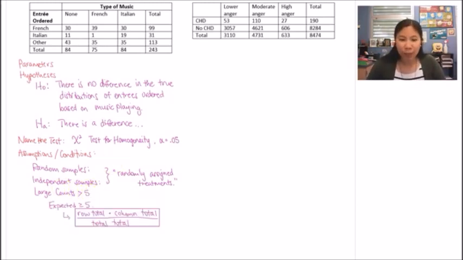To calculate our expected counts, in the last section with our goodness of fit test, all we did was take n times the proportion, so our sample size times the proportion. Because we now have a two-way table, it's a slightly different formula, and actually is very different. So we're taking our row total times the column total divided by the total to calculate our expected count.